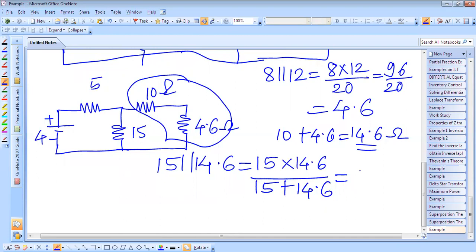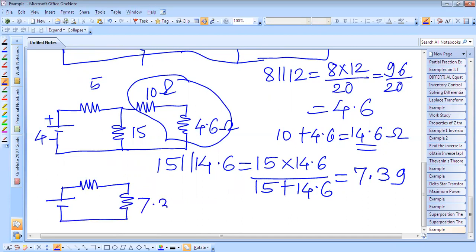This is coming equal to 7.39. And this 7.39 is now in series with the 5, so your circuit will now reduce to 7.39, this is 5, this is 4.